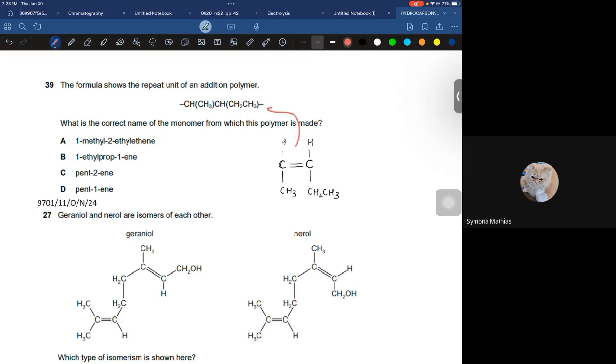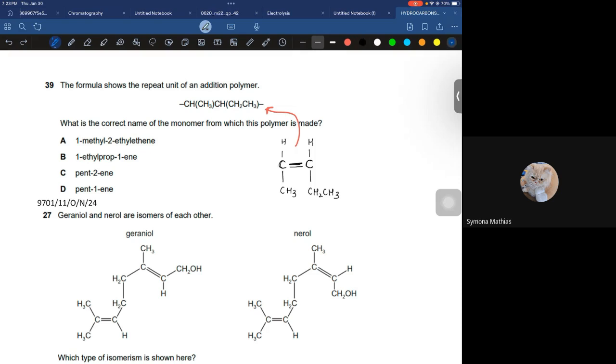This is the structure for this polymer. Ultimately, in the polymer there would not be a double bond, but I'm going to make a monomer, so I have to write down the double bond over here. Can you tell me the name of this compound?